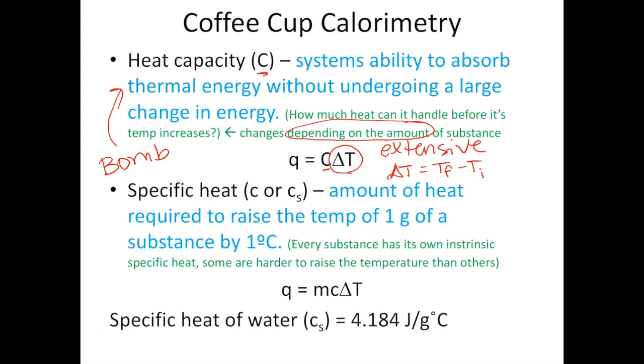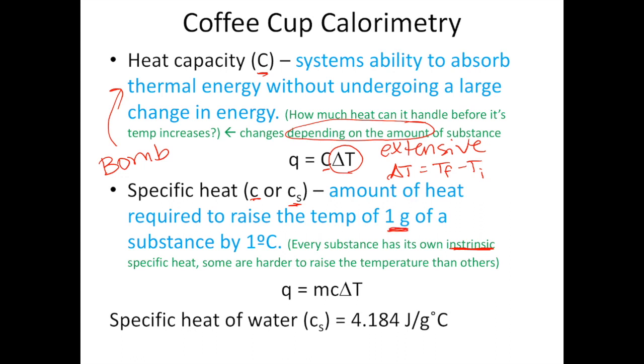Specific heat, little c, or sometimes you'll see little c sub s, either one, is the amount of heat required to raise the temperature of 1 gram of a substance by 1 degree. So this is an intrinsic property, meaning that it's just something that is a characteristic of that material and it's never going to change. It's like a fingerprint, right? Everything has its own specific heat. It's defined regardless of the amount that you have.